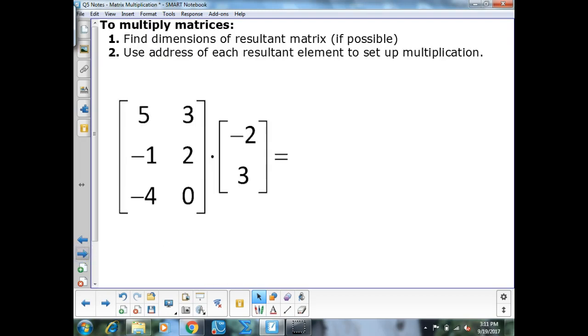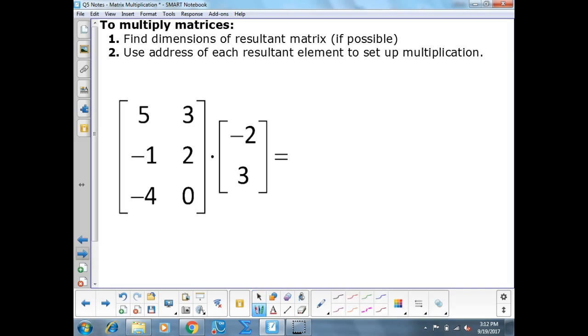All right, so I'll give you a minute to jot down this example, and we're actually going to get to how you come up with the answer, the resultant matrix. So first of all, it's important to find the dimensions or the size of what the answer is going to be. So I'm going to do that up here.